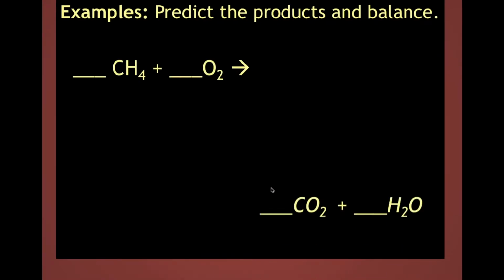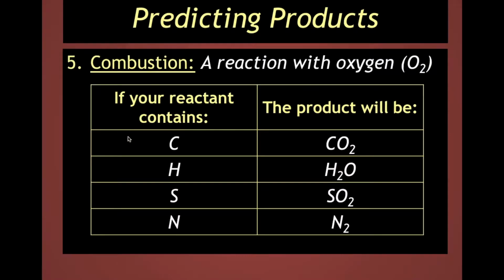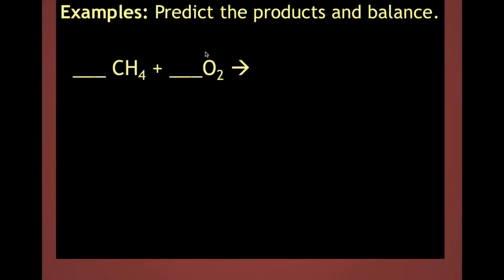So in the products should be CO2. So you saw carbon, there was CO2, and then we also saw hydrogen. So that means there needs to be H2O. So we have carbon, hydrogen, and then this is always here. You can kind of ignore it. It's always going to be there in a combustion reaction in 10th grade. And we had carbon here, so that's why we put this, and we also had hydrogen here, so that's why we added water, and that's it.